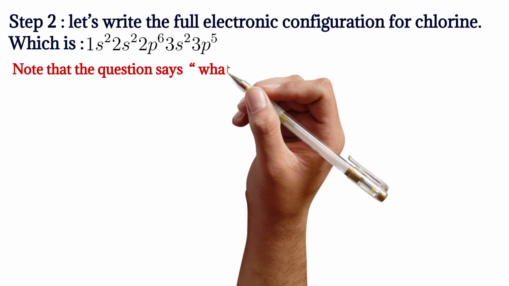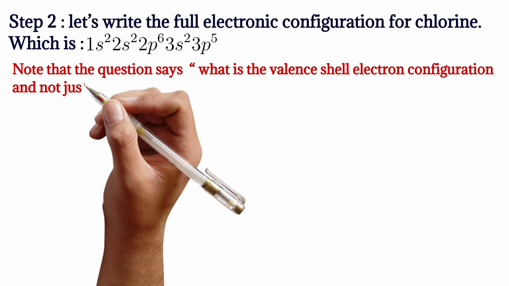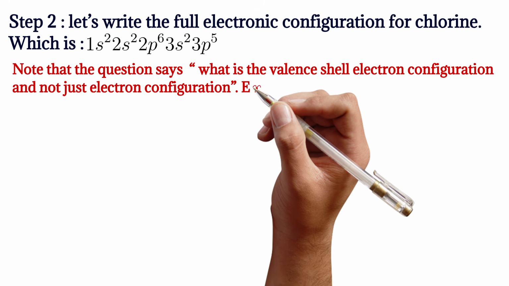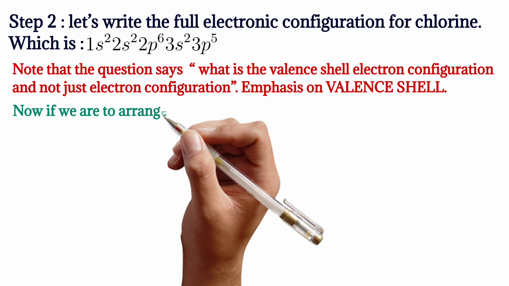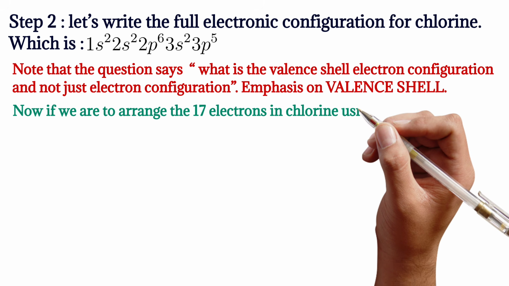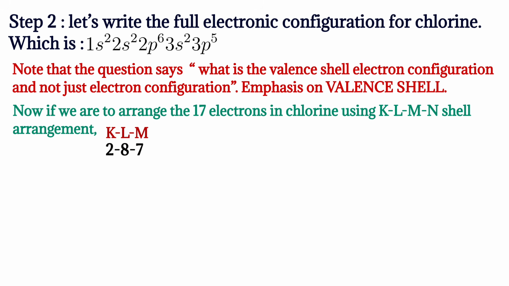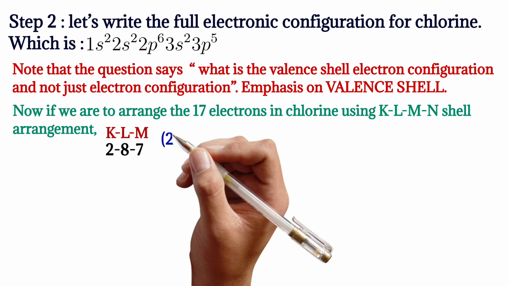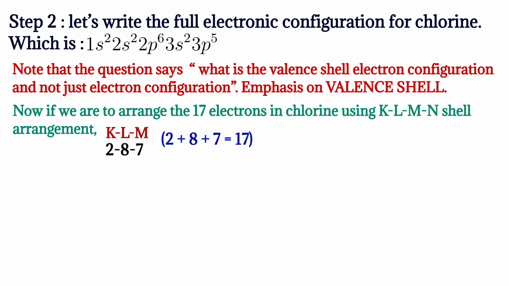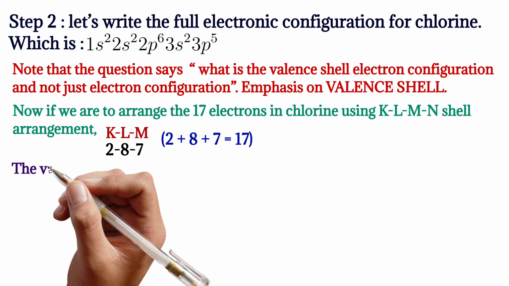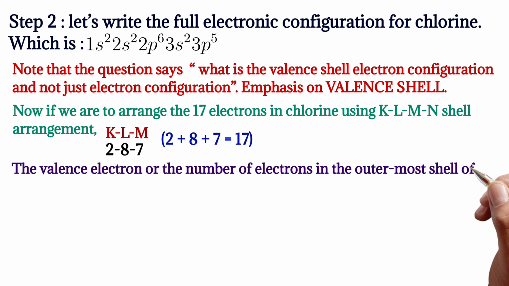Note that the question says, what is the valence shell electron configuration, and not just electron configuration. Emphasis on valence shell. Now if we are to arrange the 17 electrons in chlorine using KLMN shell arrangement, that will be 2, 8, 7. And when you sum it up, that is 2 plus 8 plus 7, you will have 17. The implication of this is that the valence electron, or the number of electrons in the outermost shell of chlorine, is 7.